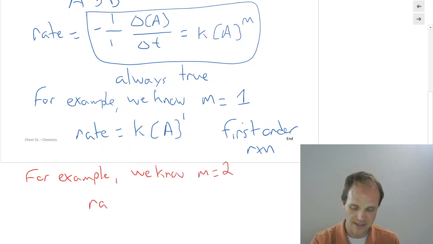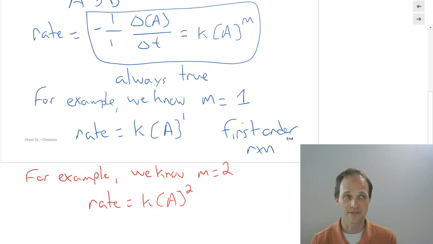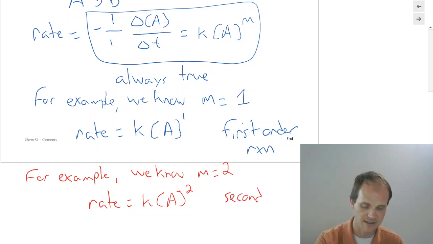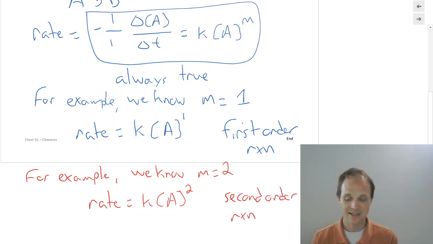Then rate is equal to k times [A] squared. What do you think we call that one? Second order reaction. And if m was equal to 3, we'd call it a third order reaction. You're getting good at this.